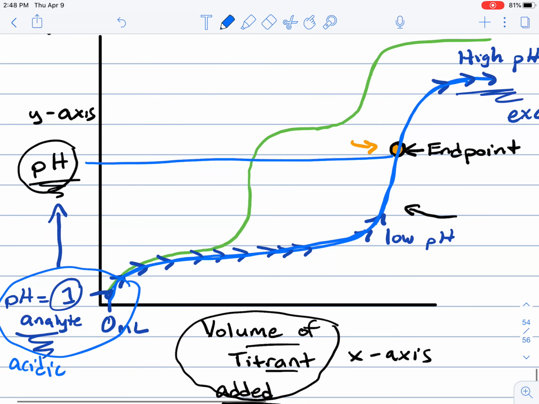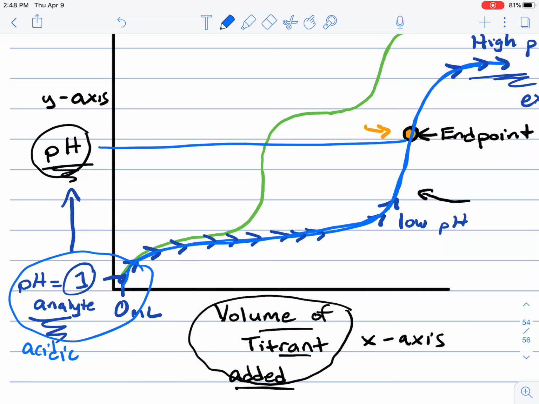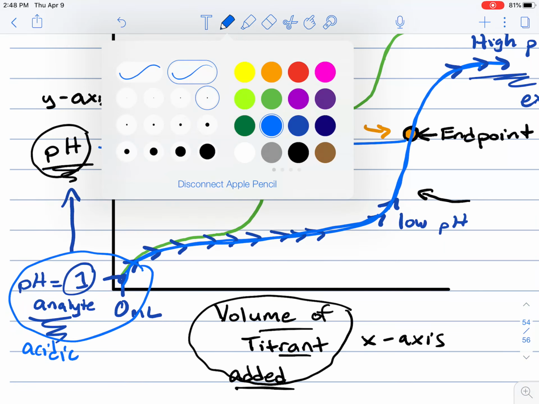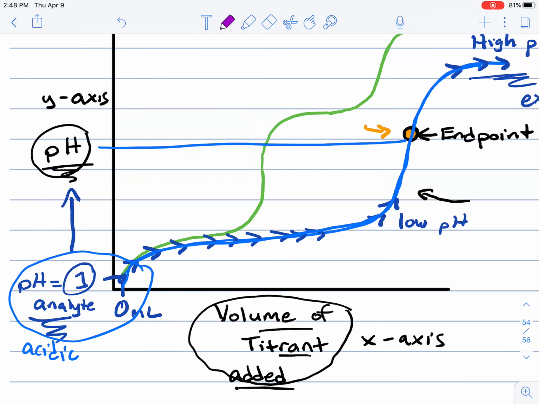It also tells you that if you added this amount of titrant, you get this pH, whatever this pH is. Okay.